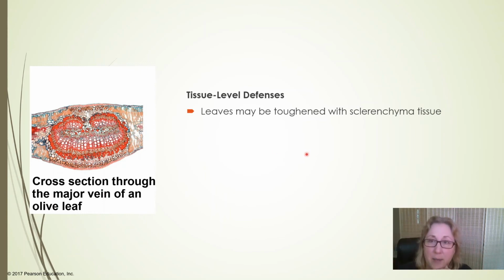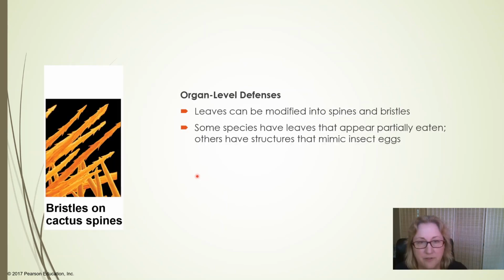But excessive amounts of this sclerenchyma can also make it unpleasant for herbivores to eat. So this is a cross-section of a leaf from an olive tree, and all of the stuff that's stained red here, that's the sclerenchyma. So olive leaves are really hard and rough and not very pleasant for an animal to eat. So that's another possible defense.